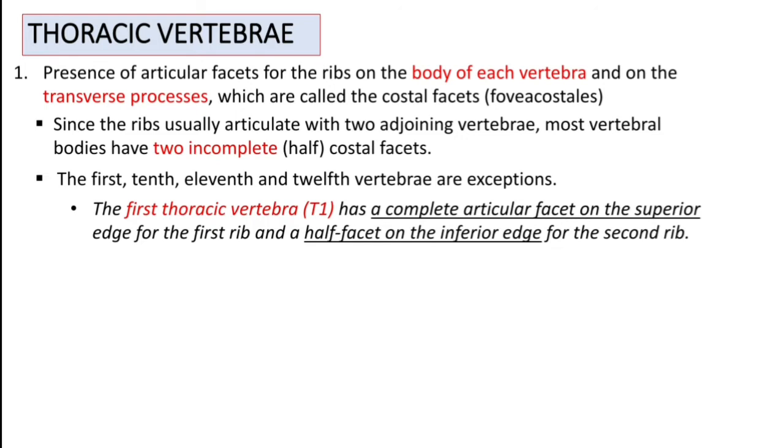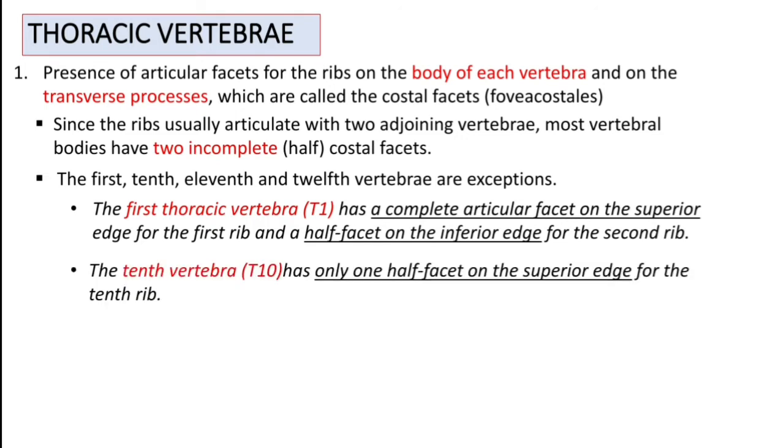It means T2 has another half on its superior part. So half on T1 plus half on T2 is a complete articular facet for the second rib. The 10th vertebra, T10, has only one half facet on the superior edge for the 10th rib.